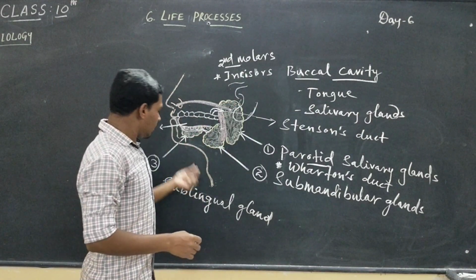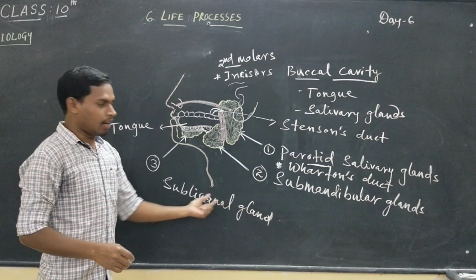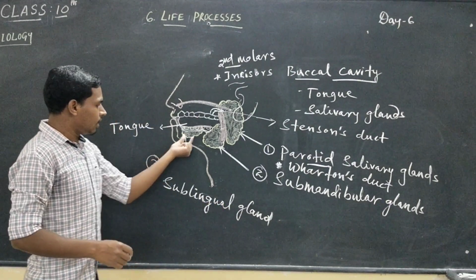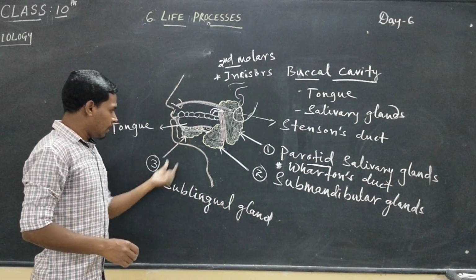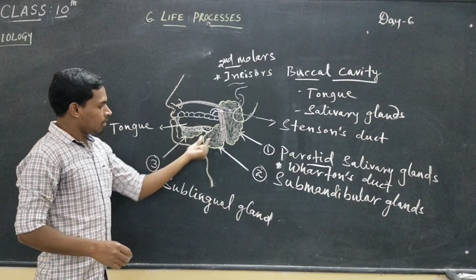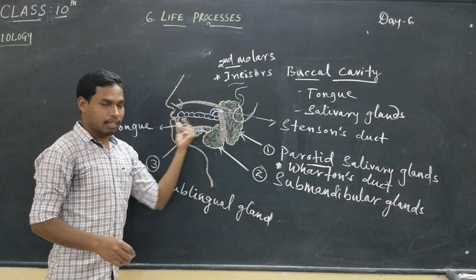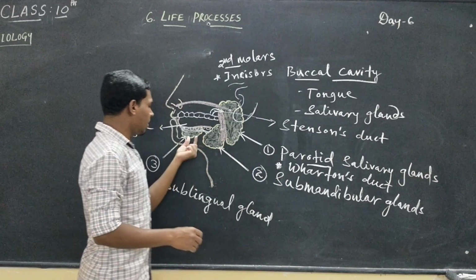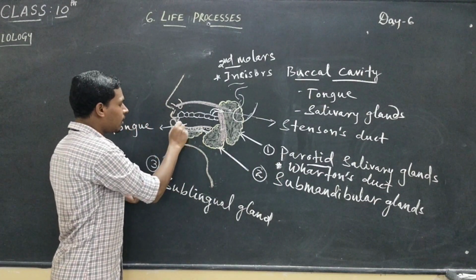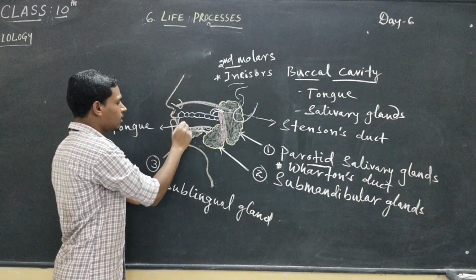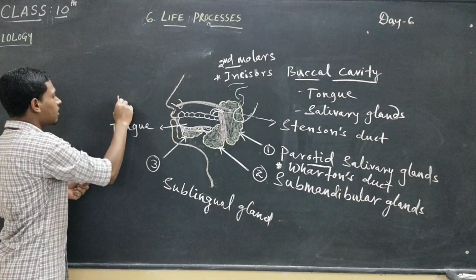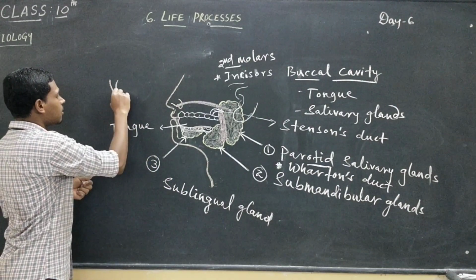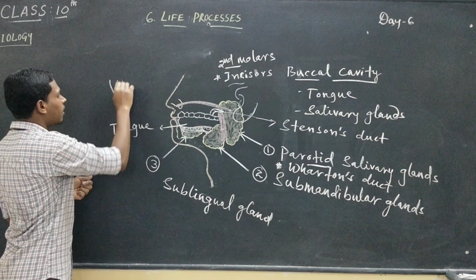Next is the sublingual gland. It is smaller in size and it is under the tongue in front of the submandibular glands. It has numerous ductus, that means many ducts.